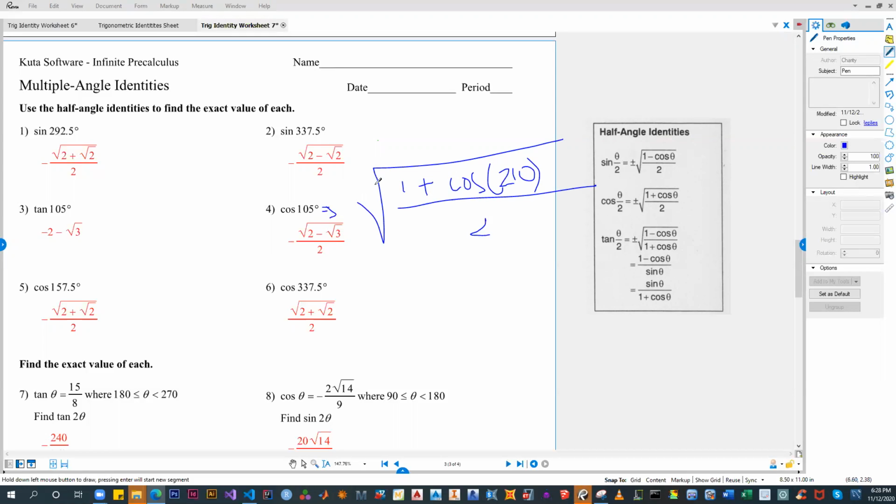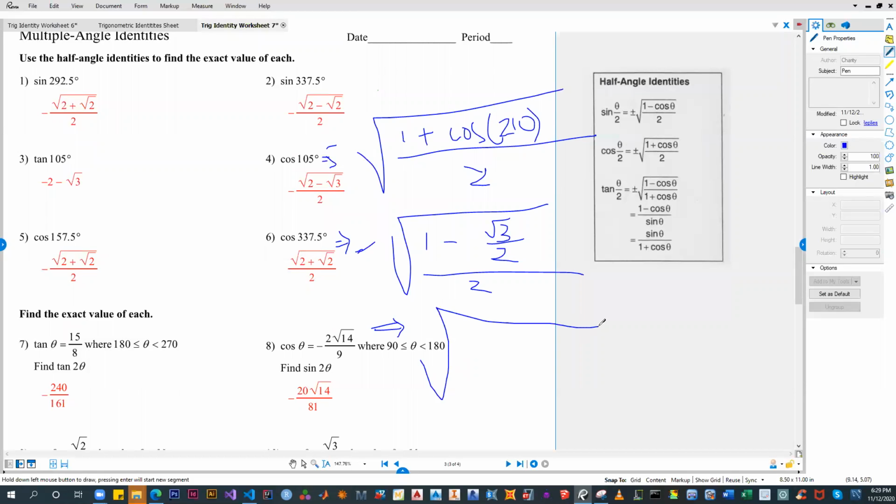Okay, and then this one's negative. So when you do that, what is the cosine of 210? Negative root 3 over 2. So 1 minus root 3 over 2, divided by 2, square root of.